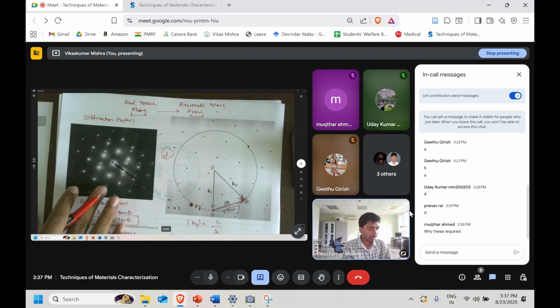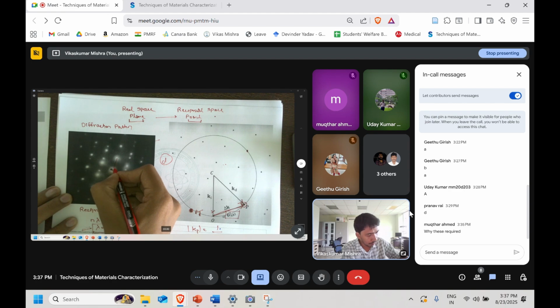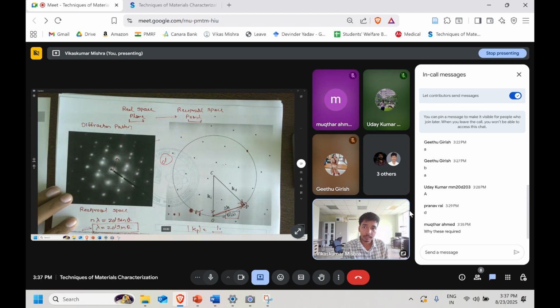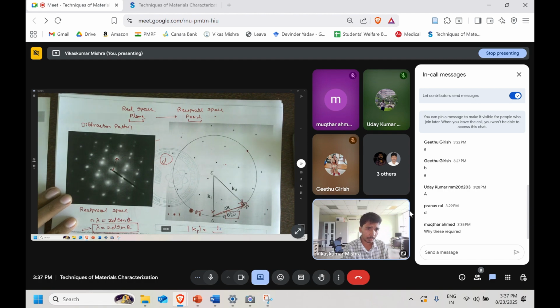In order to do that, you need to find the distance between the center spot and another diffracted spot, right? Since it is an imaging tool and we are not doing XRD, we are trying to find the d spacing using this particular TEM.